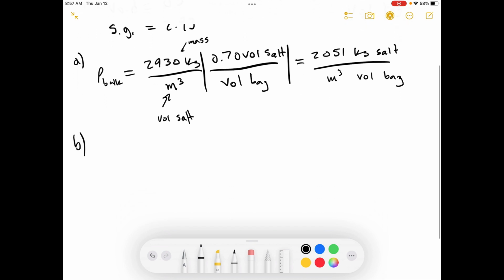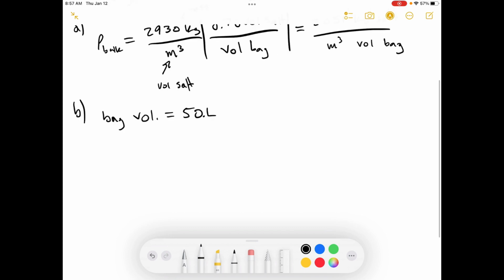Okay, let's do part B. Estimate the weight of the filled bags. State what you are neglecting in your estimate. The weight of a filled bag: each bag is 50 liters of volume. So mass equals density times volume.